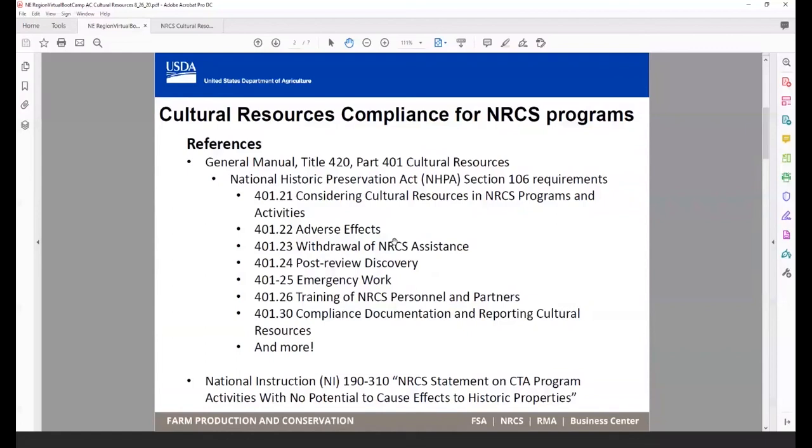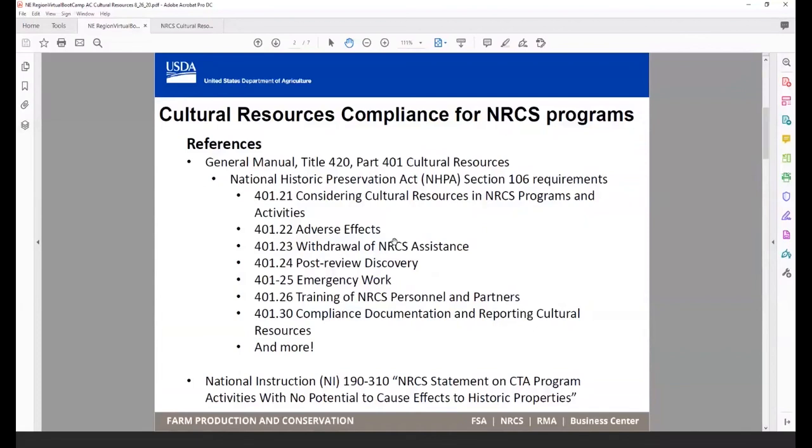We have requirements for training. Every state has requirements for training people who are out in the field. There are Ag Learn courses, and then there's a whole module and order of classes that people need to take. And then there are more sections, but 401.30 is compliance documentation and reporting cultural resources and reporting that you do the review process properly.